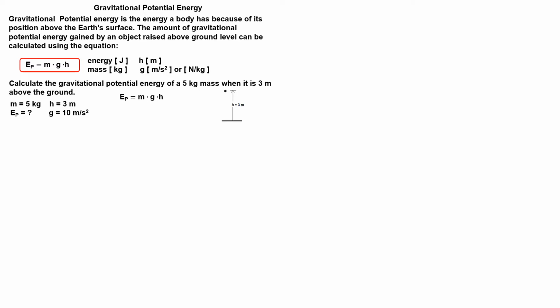Take the formula and substitute the values given in the question. The gravitational potential energy is 150 joules.